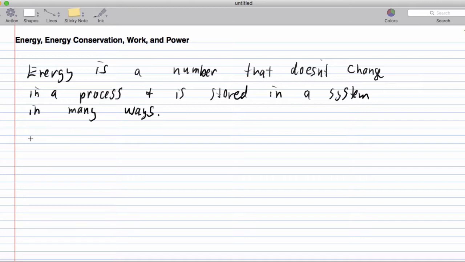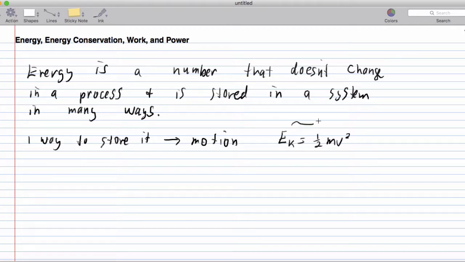First, one way to store energy is in motion. And the formula for moving energy, it's written with an E and a K, and that's 1/2 mv squared. And this is called kinetic energy.